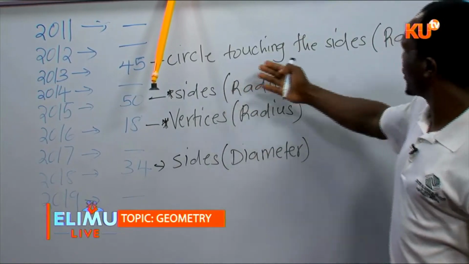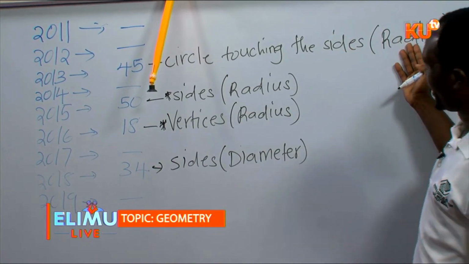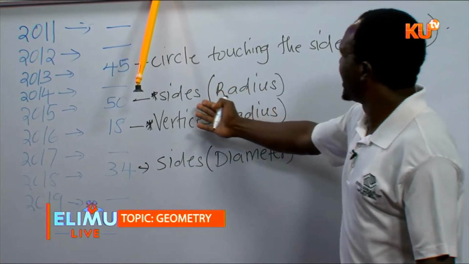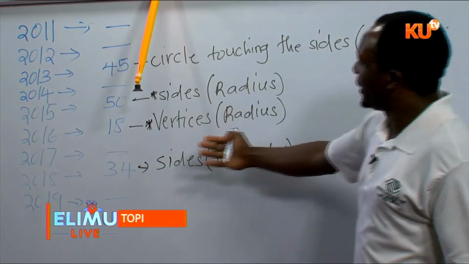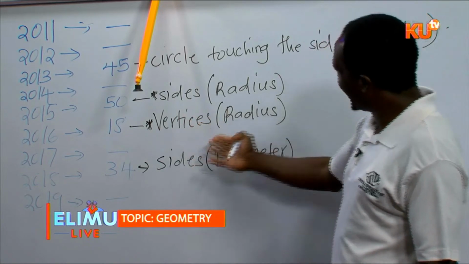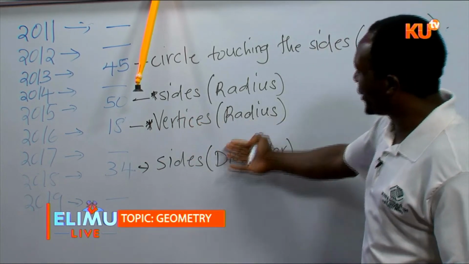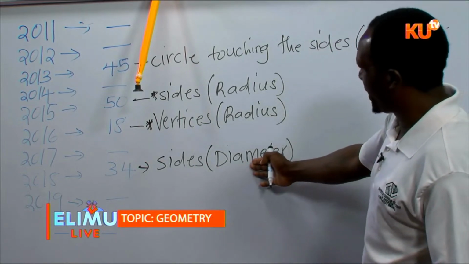So 2013, circle touching the sides, you measure the radius. In 2015, circle touching the sides, you also measure the radius. In 2016, circle touching the vertices, you measure the radius. And in 2018, circle touching the sides and you measure the diameter.